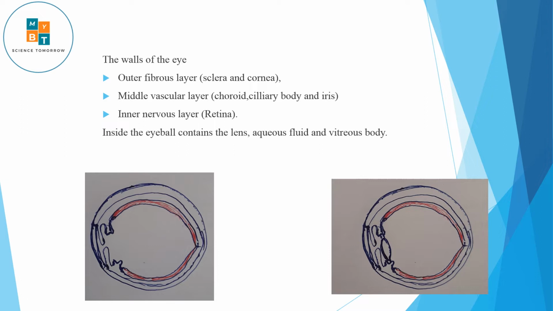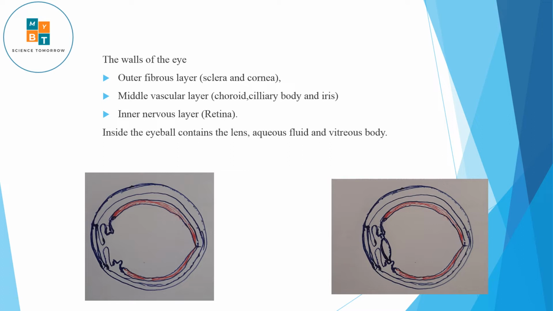The aqueous fluid in front gives nourishment to the corneal area, iris, and those parts, because they don't have blood supply; especially the cornea is avascular, and also the lens. And behind we have the vitreous body, a gel-like, transparent structure, so we can keep the eyeball in shape without collapsing.